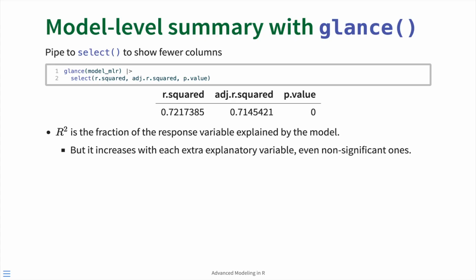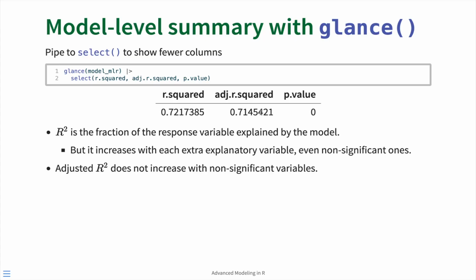So in the case of multiple linear regression, we usually want to use adjusted R squared, the second column that we picked here, which is calculated slightly differently so that it does not increase with additional explanatory variables that don't have any explanatory power.